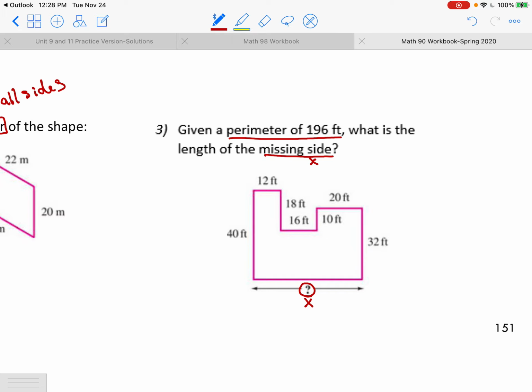And like I said, we're going to want to make sure that we write out some sort of a formula. Okay, and this is an interesting shape. It's got all kinds of weird cuts, right? So we don't have a specific formula. So even though it's a pain in the butt, we are going to say that perimeter is adding all sides.